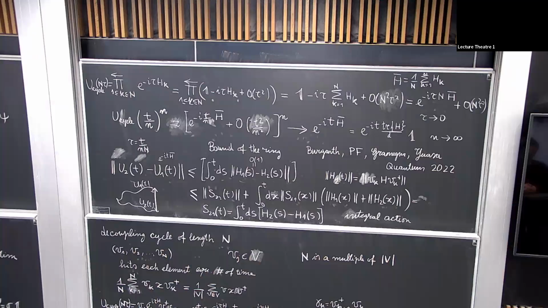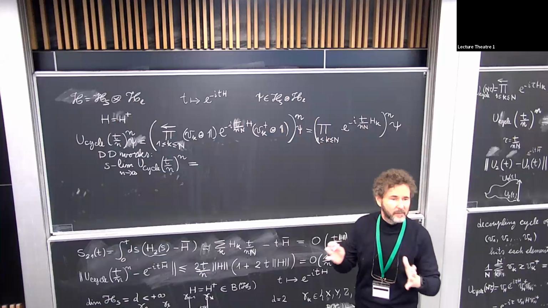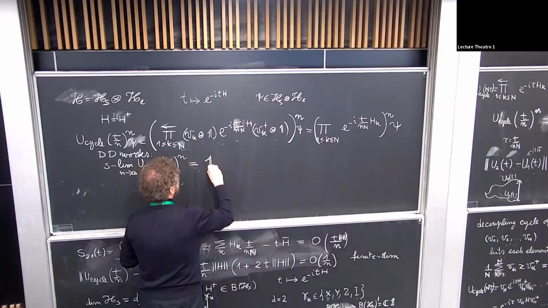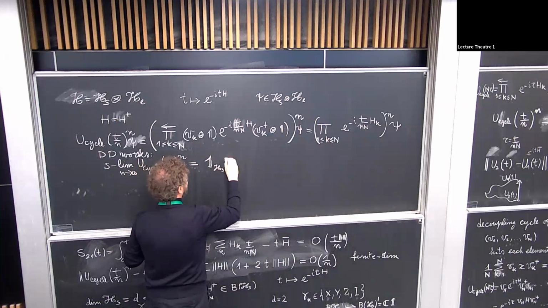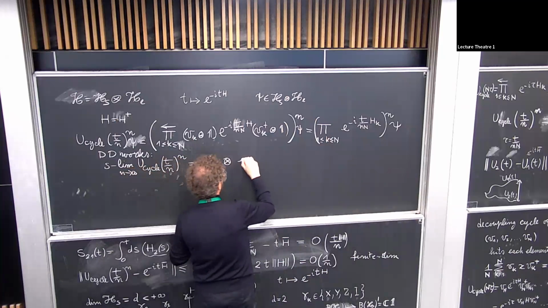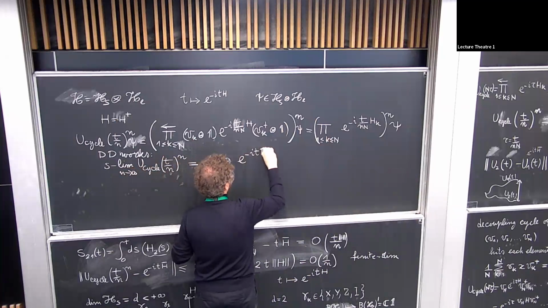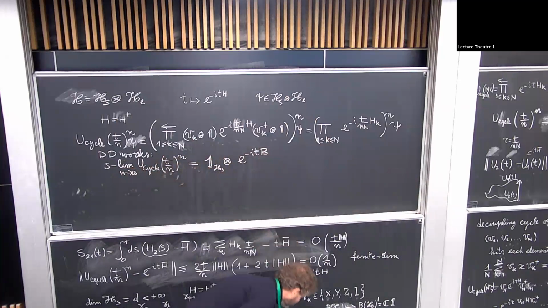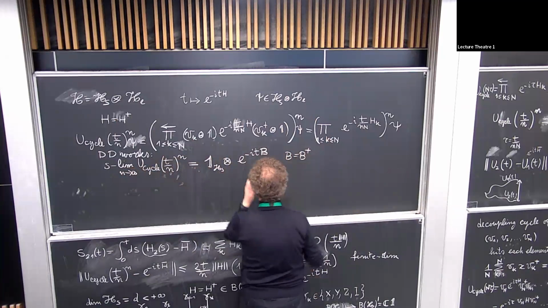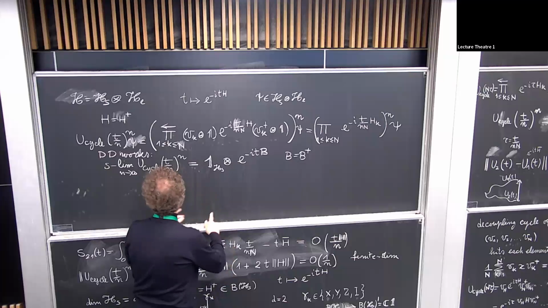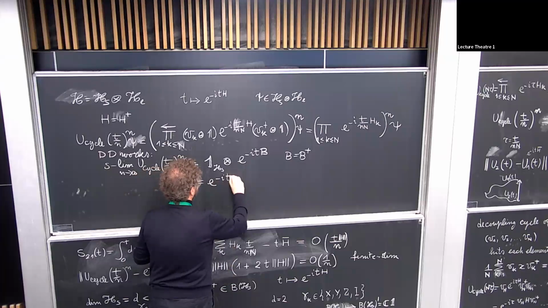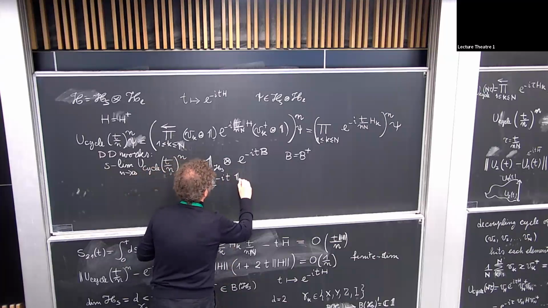I mean, it's a factorized evolution, an evolution of the form identity on the system times an evolution of the bath, e to the minus i t B, where B is a self-adjoint operator on the bath. In other words, another way to write this is that I get something like this.